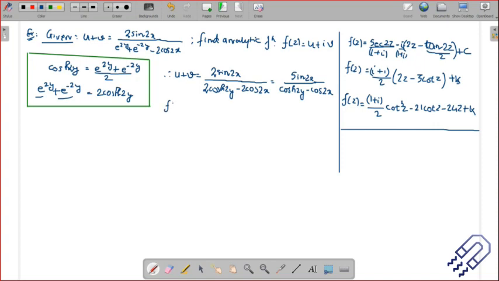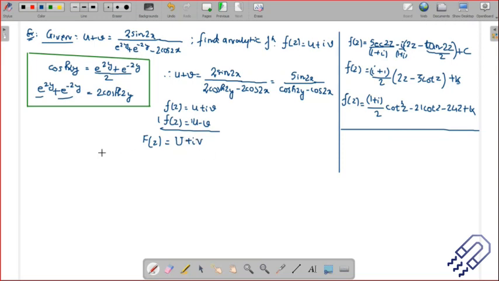We'll take it, f(z) is equal to u plus iv, and then i f(z) is equal to iu minus v. Add them up, and you get your function f(z) equal to capital U plus i capital V.